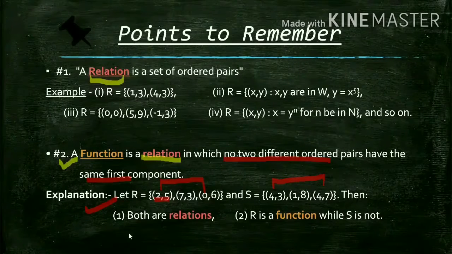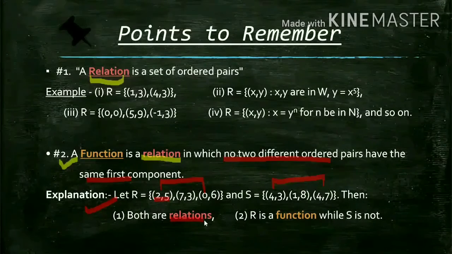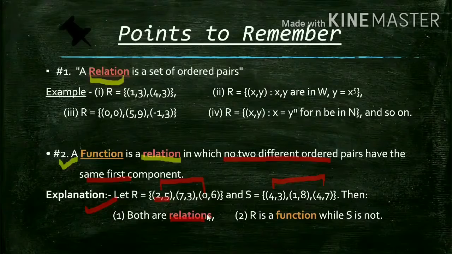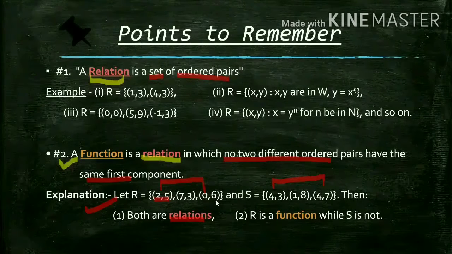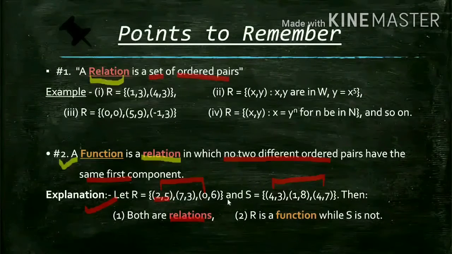First, it says both are relations. In order to verify this, I need to first check the definition of a relation. It must be a set of ordered pairs. Do I have this? R is a set which contains ordered pairs only. True, so R is a relation.